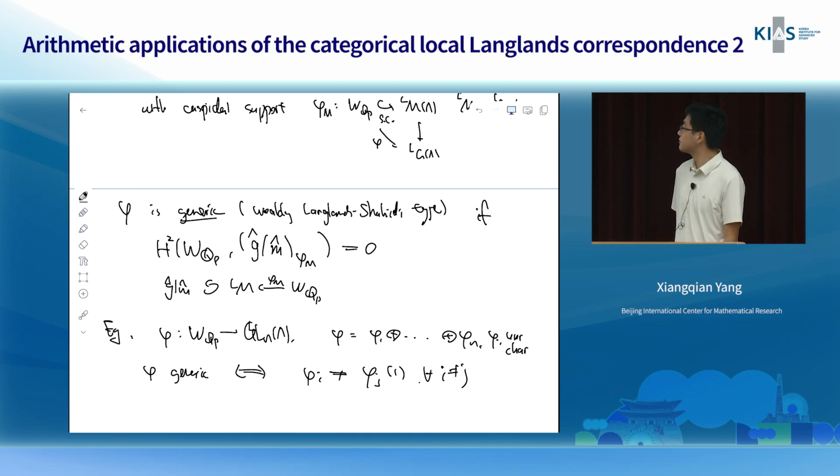So this is still true even if you don't assume phi_i is unramified. If it's just a character, maybe the same condition.